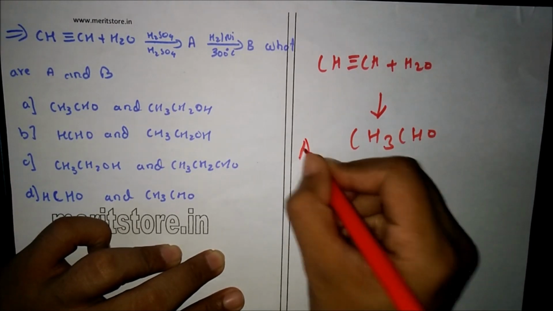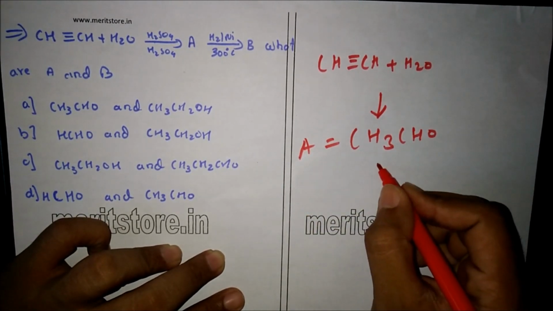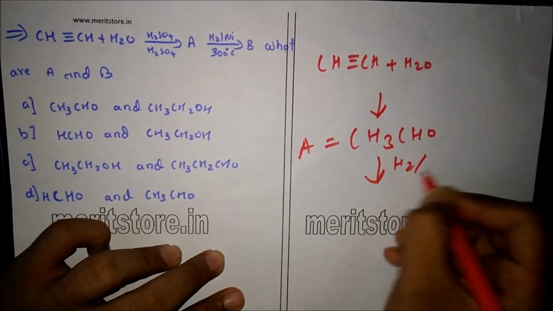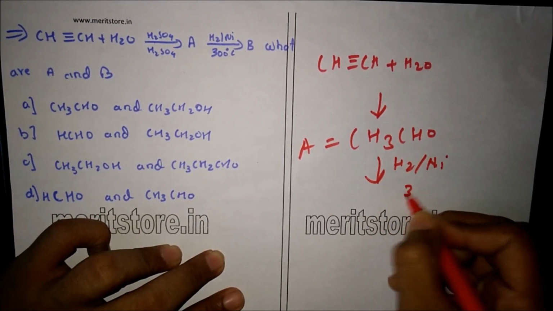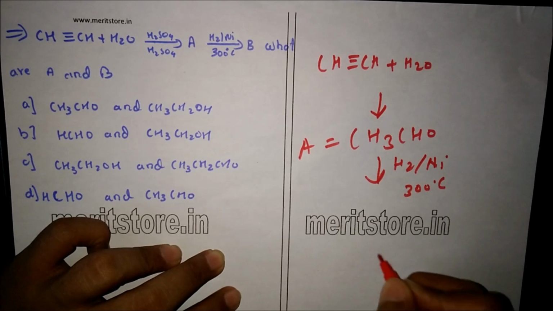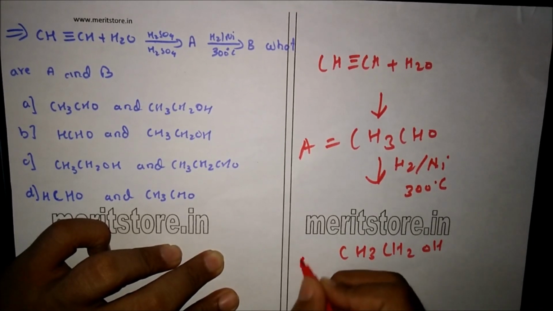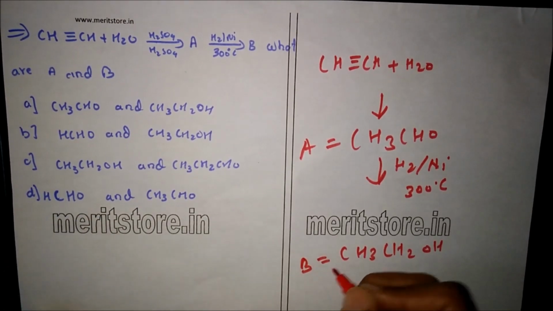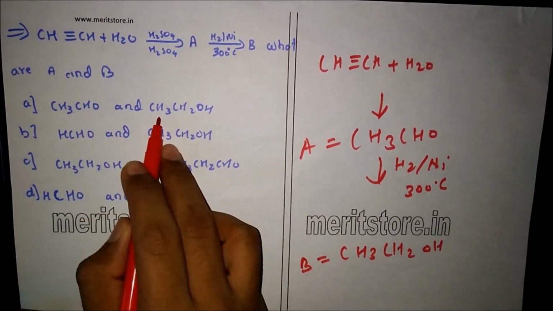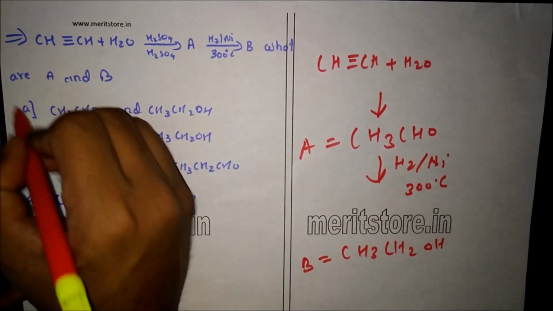So here A is equal to CH3CHO, which further in the presence of H2 and Ni at a temperature of 300 degrees Celsius will give the product CH3CH2OH, which is B. Therefore the correct answer here is CH3CHO and CH3CH2OH, which is option A.